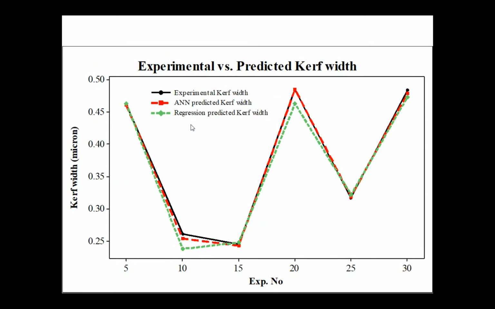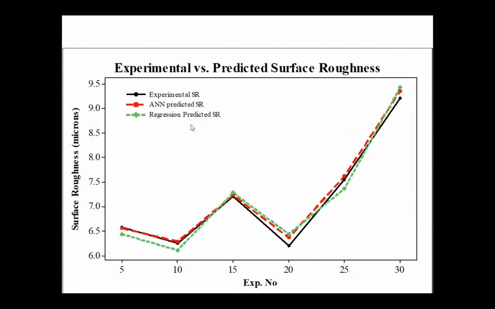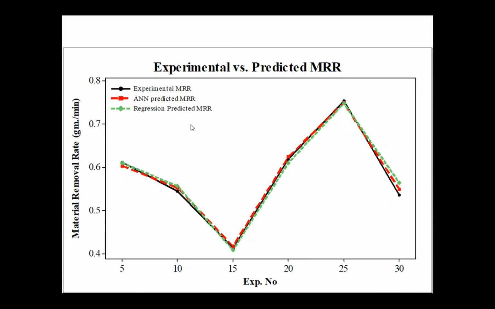This is for output 1, this is for output 2 and this is for output 3. In all these cases, you can see that ANN outplays the regression equation. Okay, but the model that we are going to develop using this should be as perfect as possible.